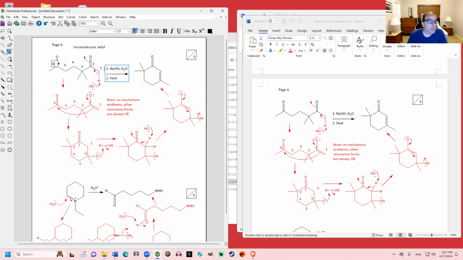Then we can see that we form a bond between carbons 1 and 6. This is carbon 1. And this is carbon 6. Carbon 6 has that methyl group on it. So carbon 2 is over here. It's the carbonyl. Carbon 3 has the 2 methyl groups on it. So that's how you know that you pull the proton off on that side. 4 and 5.